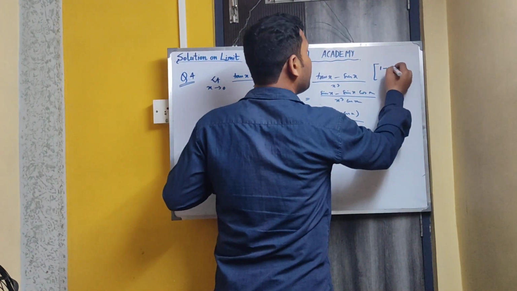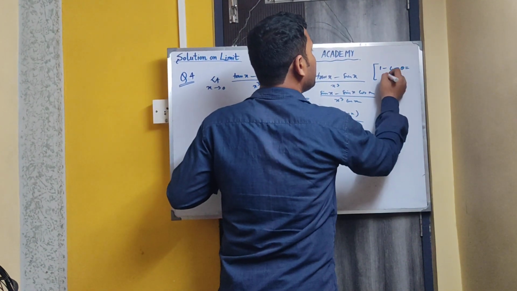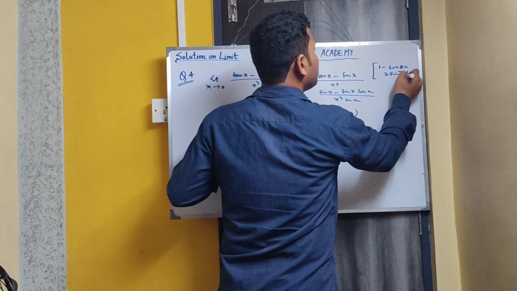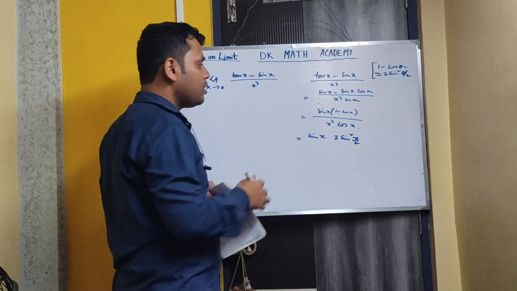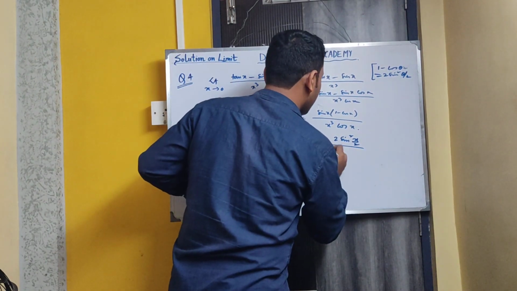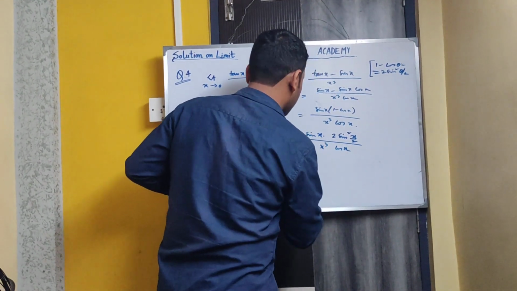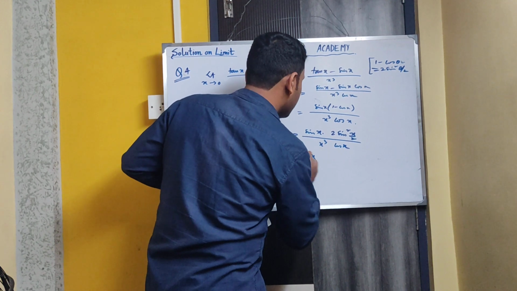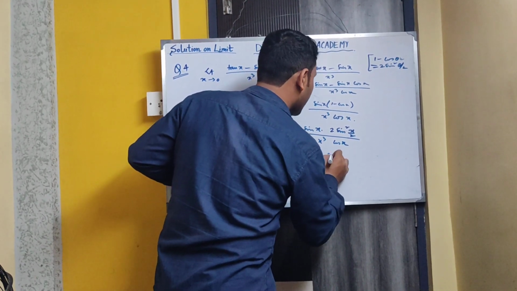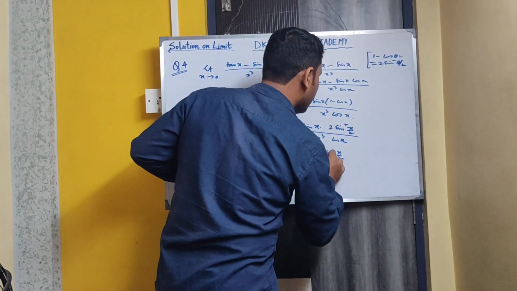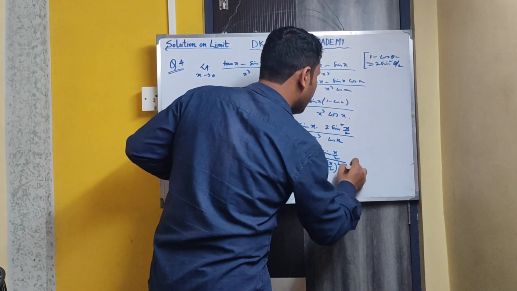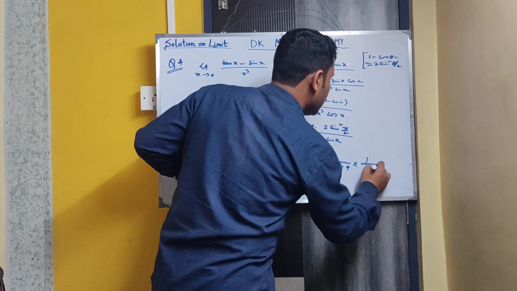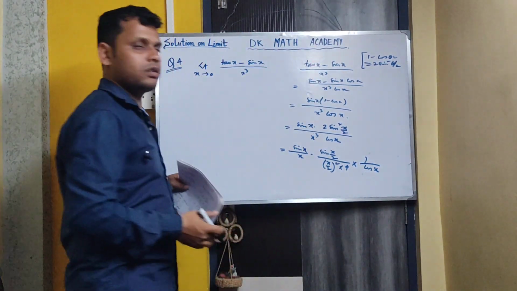Because we know that 1 minus cos theta equals 2 sin square theta by 2. Here x cube cos x. That means sin x by x into sin x by 2, this is x by 2 whole square into 4, and this is cos x.